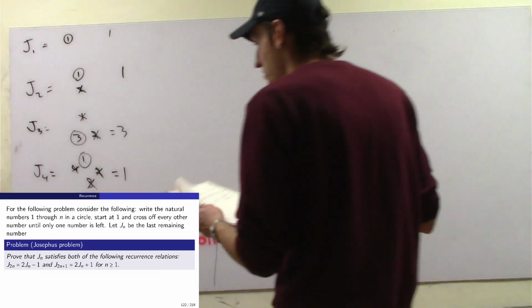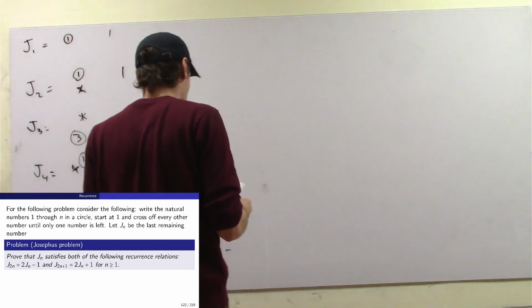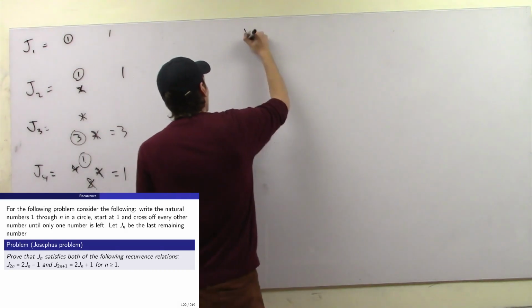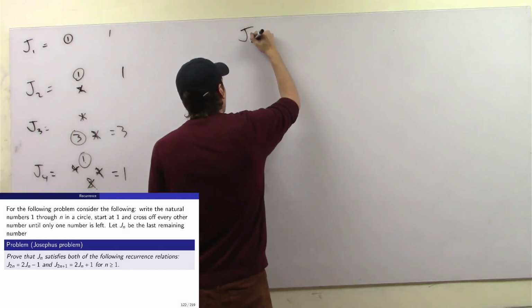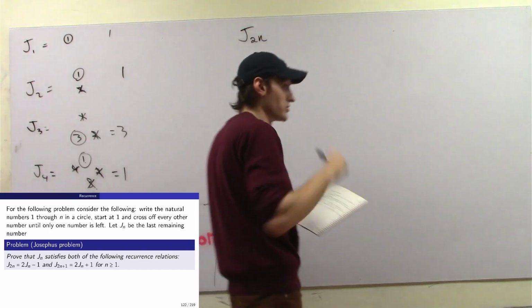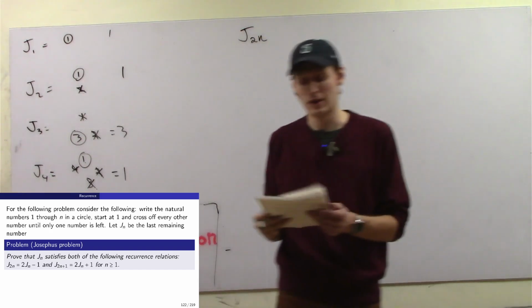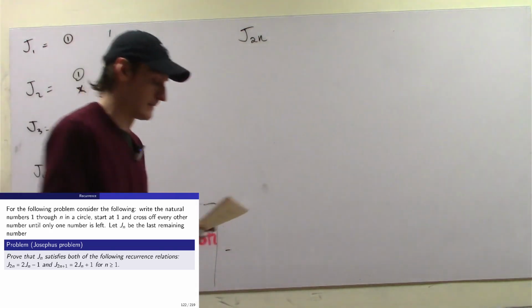Okay, so what we can do, we can establish these recurrences in general for J sub, I'm going to first do it for J sub 2n. Suppose I have 2n people sitting around in a circle, which is an even number.